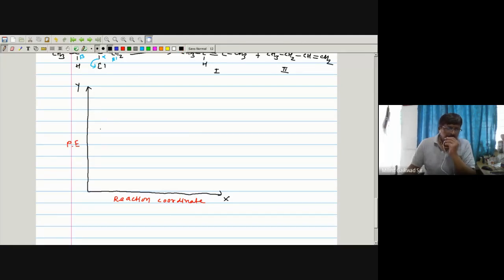Now here, suppose this is the energy of the reactant. As the reaction starts, there is a formation of a transition state, and further it will break down and form the corresponding product. So here the energy of this one is the reactant, and the reactants are what?